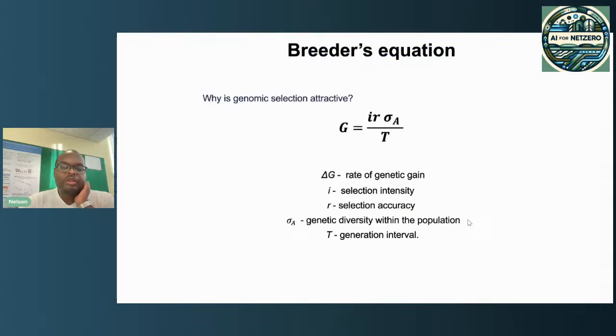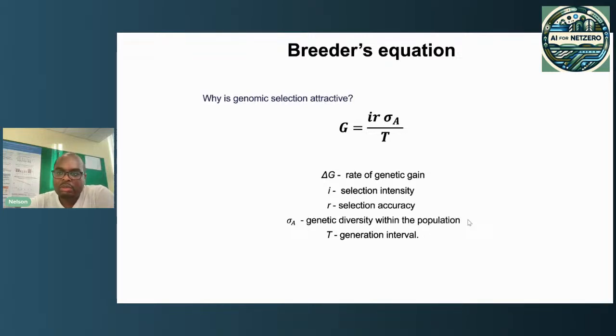Then I thought of introducing this term called the breeder's equation. The breeder's equation helps us measure the rate of genetic progress in a breeding program. Having a good model is one of the ways to improve the accuracy of measuring traits in a breeding program.